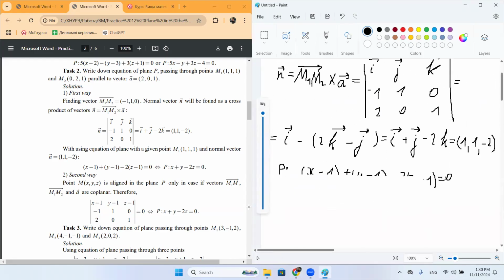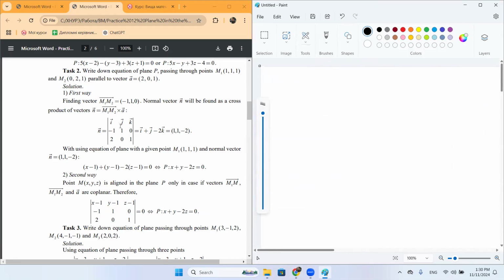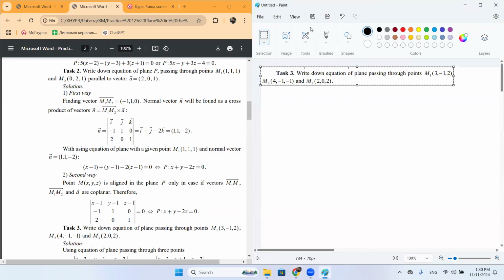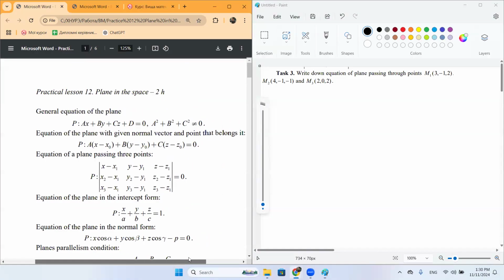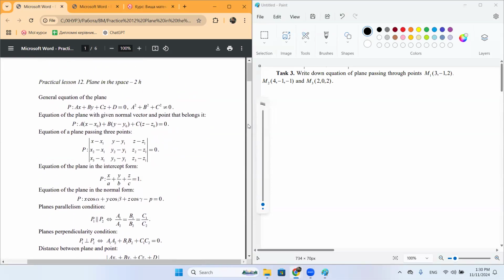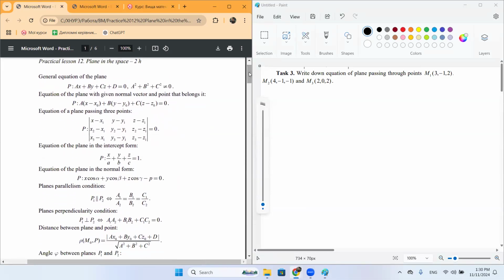Okay, so moving on. The next task is to write down the equation of the plane passing through 3 points. Which form to use, your suggestions? Do we have everything to solve this task or no?